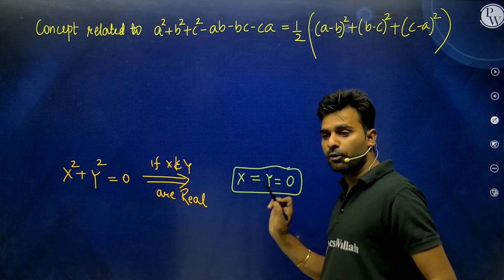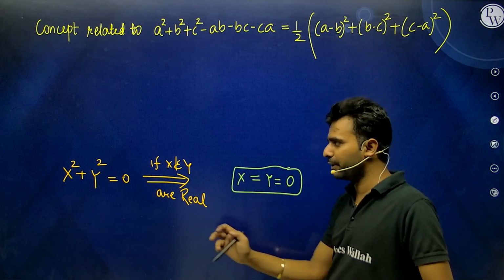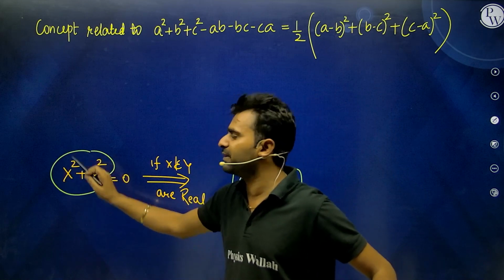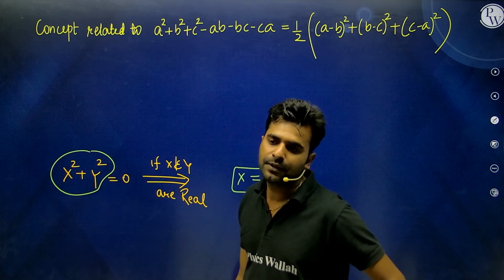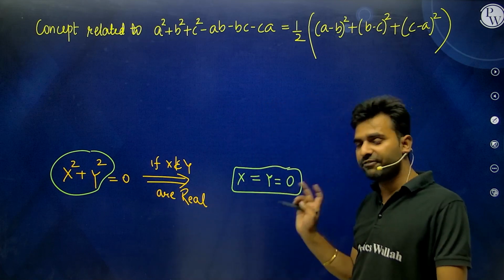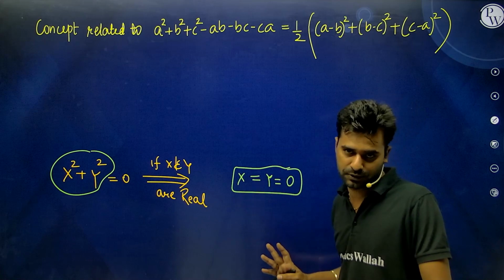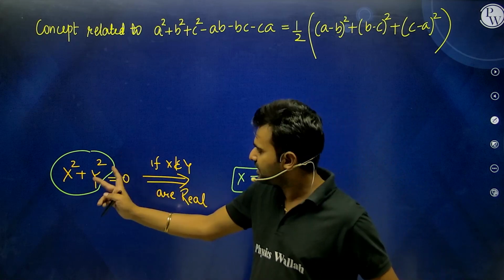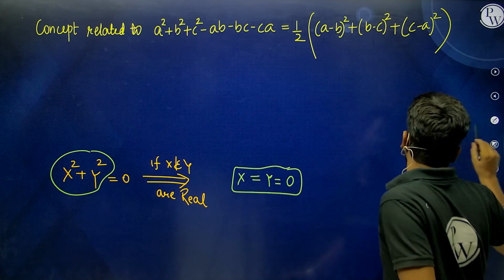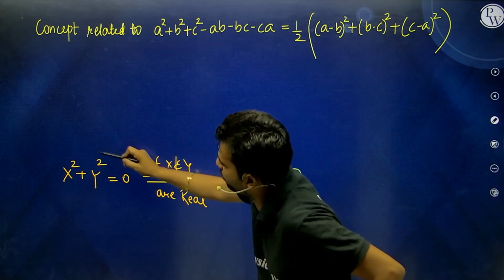If you have learned complex numbers, then things would be different, because in complex numbers this can be written as (x plus iy) times (x minus iy). So there it is not necessary that x and y should both be equal to 0. But if x and y are given to you as real numbers, then x square plus y square equal to 0 gives you that both x and y should be equal to 0 only.